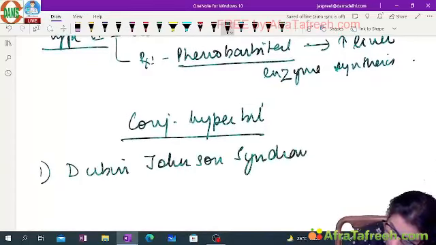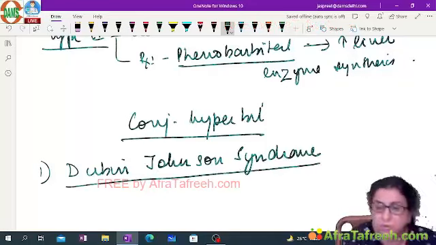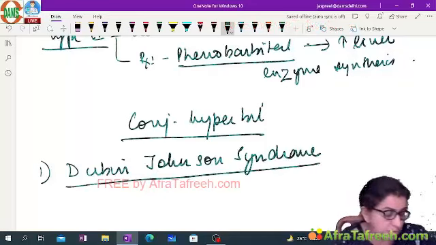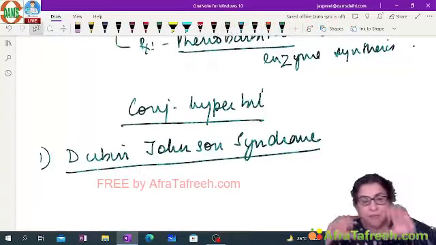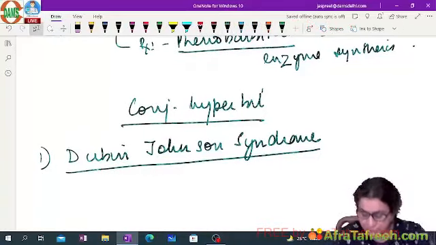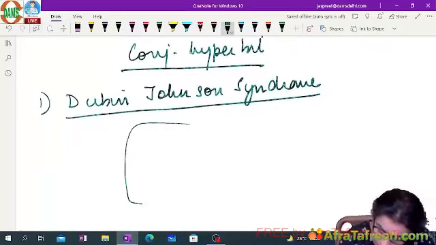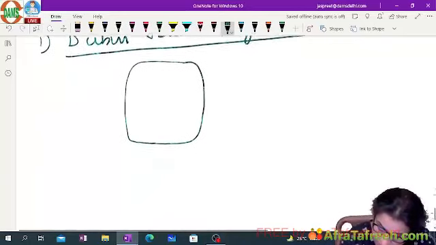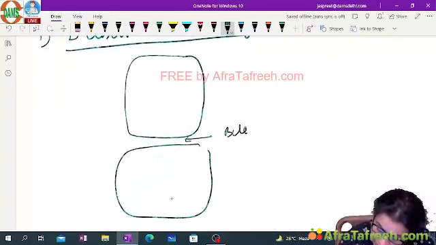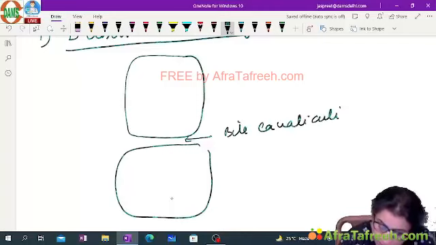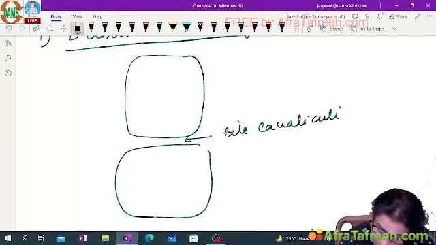Now in Dubin-Johnson, bilirubin is getting conjugated in the hepatocytes. For example, these are two hepatocytes. Between the hepatocytes, we know there are bile canaliculi. They are shaped something like this.